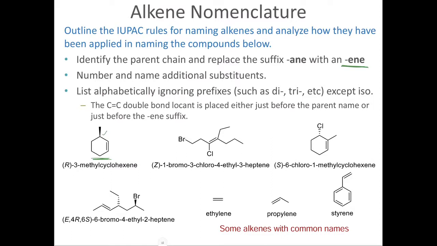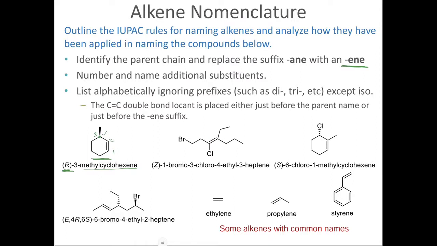So we can do 1, 2, 3. Okay, so that gives us the lowest value. So we have methyl cyclohexene. And then we have to determine the stereochemistry at that position, which is going to be an R. So we have R3-methyl cyclohexene. If there's only one stereo center, you don't have to bother about putting 3R or anything like that.